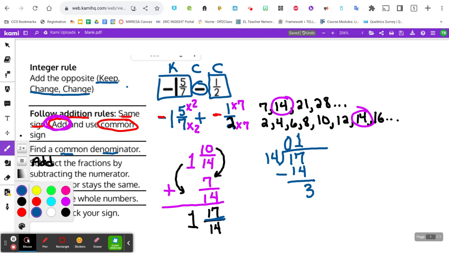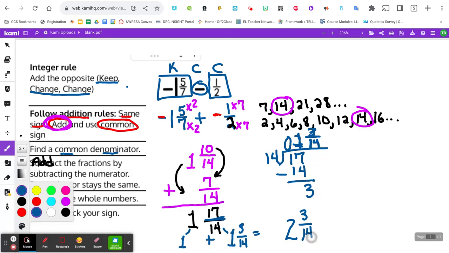So what we have remaining is 3 out of the original 14 that we started out with. So please know that 17/14 is the same thing as 1 and 3/14. We just figured that out right here. So if we add those two together, we will actually get 2 wholes and 3/14.